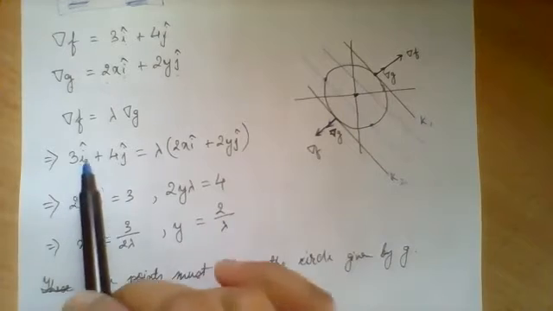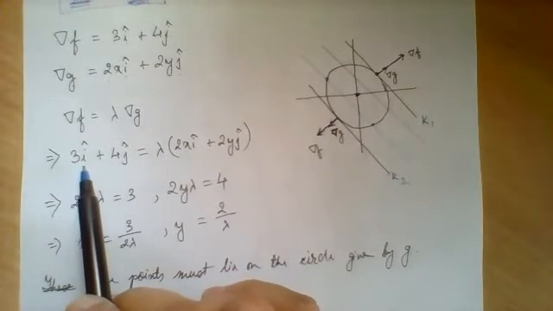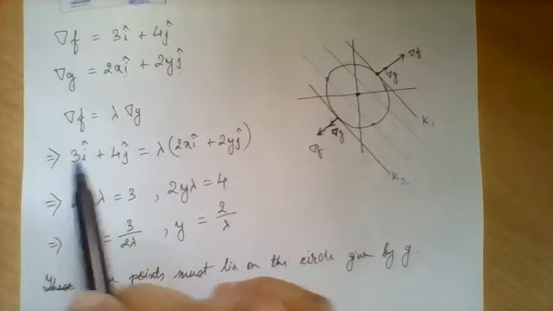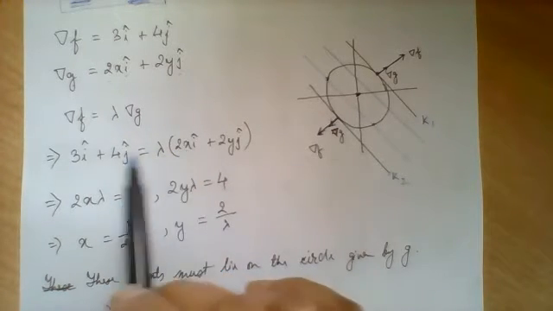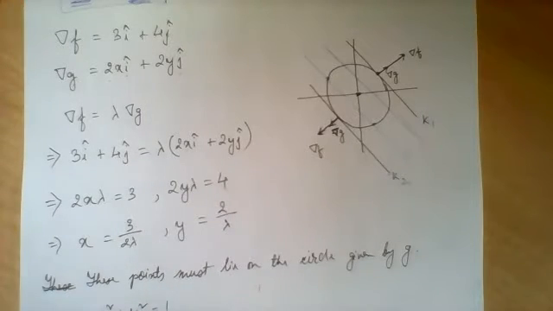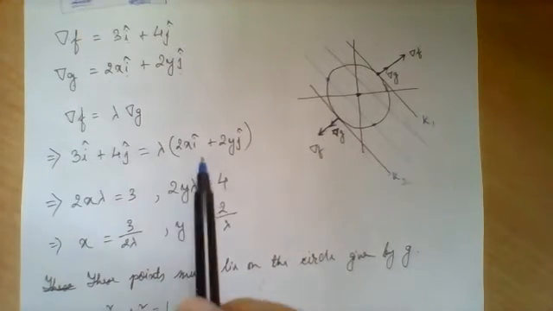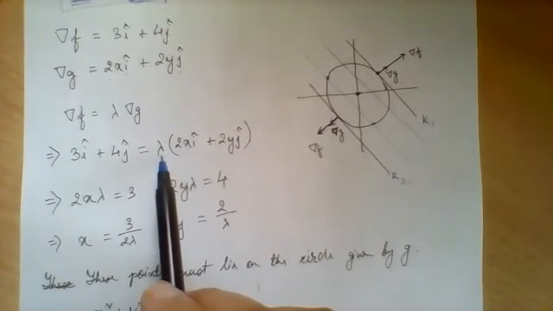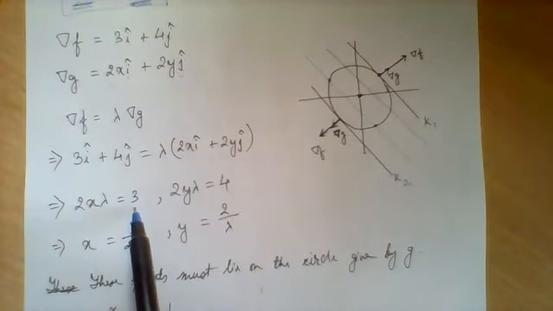From this, you compare the coefficients of i. This is 3, and this is 2 lambda x. For two vectors to be equal, the corresponding x components must be equal and the corresponding y components must be equal. So the left hand side vector's x component is 3, and the right hand side's x component is 2 times lambda x. So 2 lambda x equal to 3.